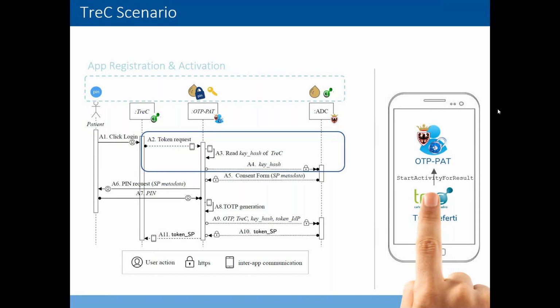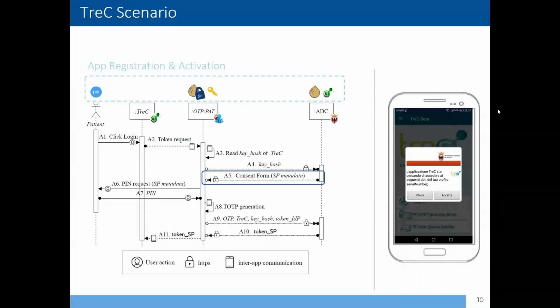Now the OTP app will forward this request to the identity provider, and the identity provider, given the parameters, will be able to check if Tracee is part of the federation, and if Tracee is part of the federation, will show to the user a consent form.